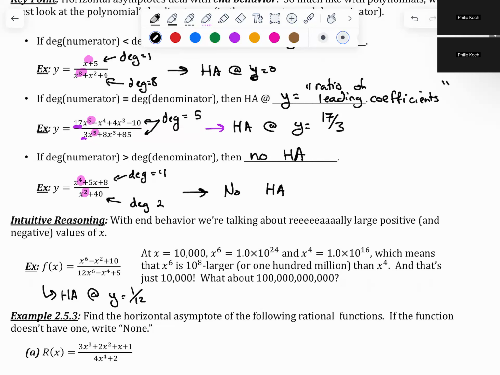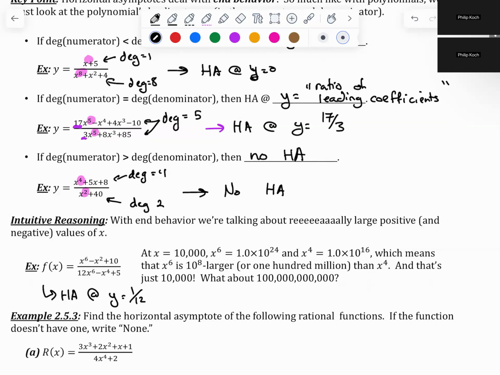But either way, if you plug in 10,000, x to the 6th becomes 10 to the 24th. That's several trillions, or a trillion. It's a very, very large number. That's 24 zeros. Whereas x to the 4th is only 1 times 10 to the 16th. So x to the 6th is 10 to the 8th larger, 100 million times larger than x to the 4th.